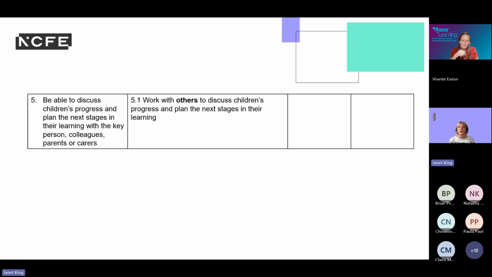It might be just children playing freely in the environment, indoors or outdoors, and you're able to then observe and identify those next steps, so that it will usually start with an actual activity or experience that you're observing, and that'll come out through there. But identifying the next steps will be enough, rather than full-blown experiences or activities.